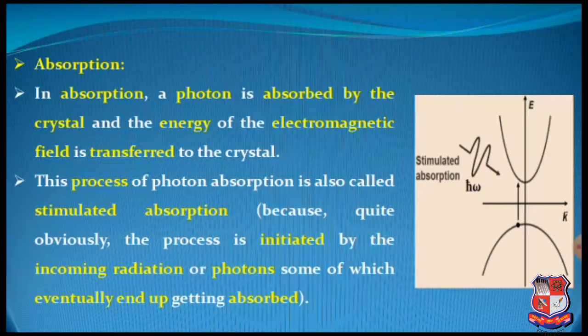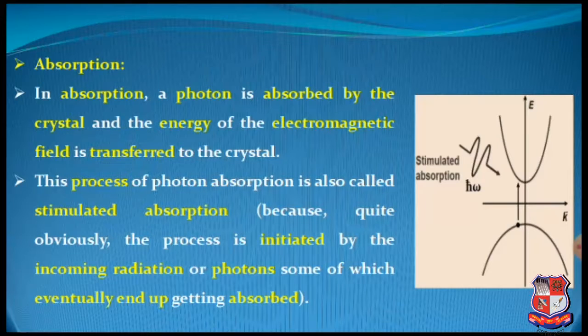The graphical representation you are watching is the E-K diagram, the energy wave vector diagram. In this mechanism of absorption, a photon is absorbed by the crystal and the energy of the electromagnetic field is transferred to the crystal.